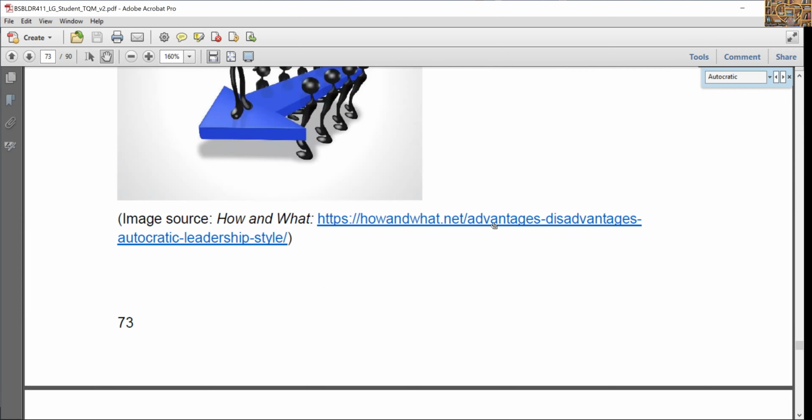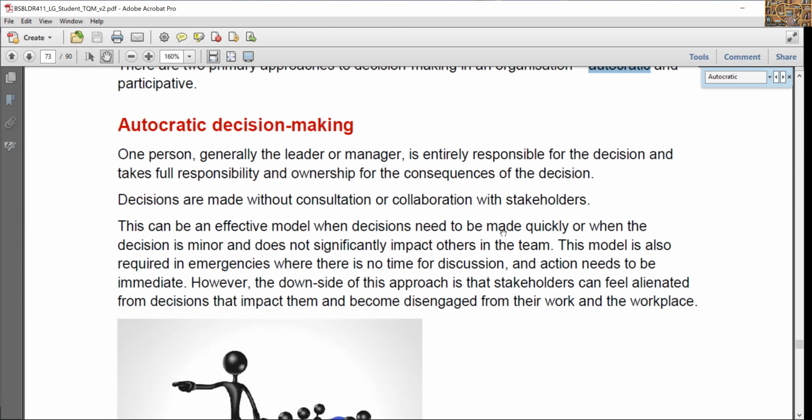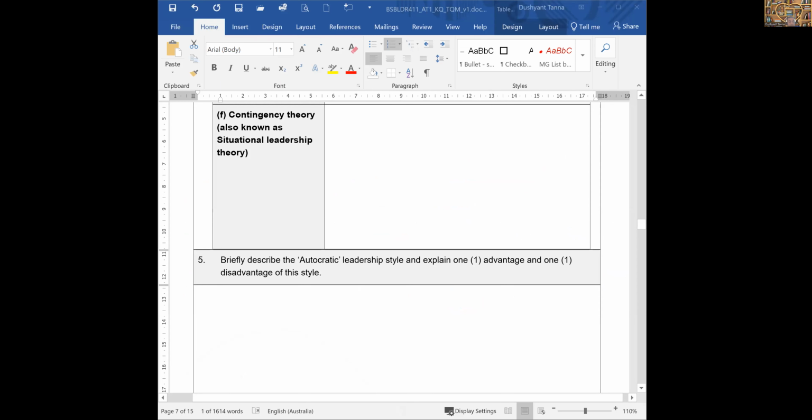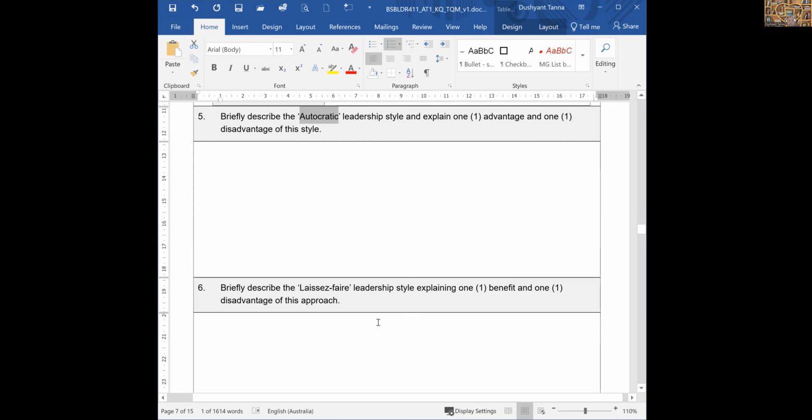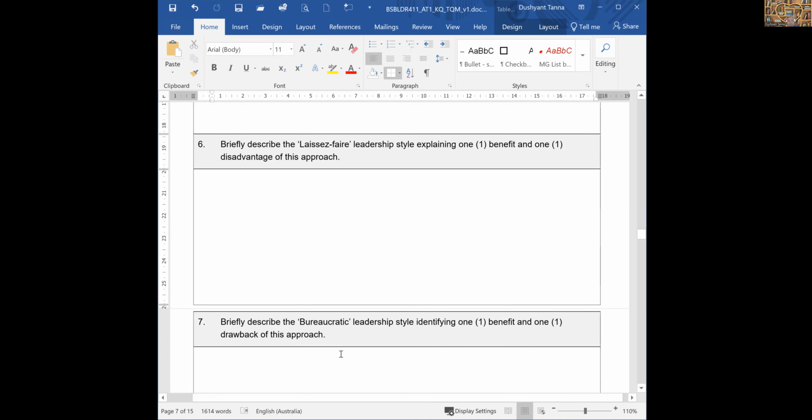You click on that link, and you will be reading further about this type of leadership style. This is how you use the resources. Again, we have covered that. I'm not talking about autocratic, laissez-faire, or bureaucratic.